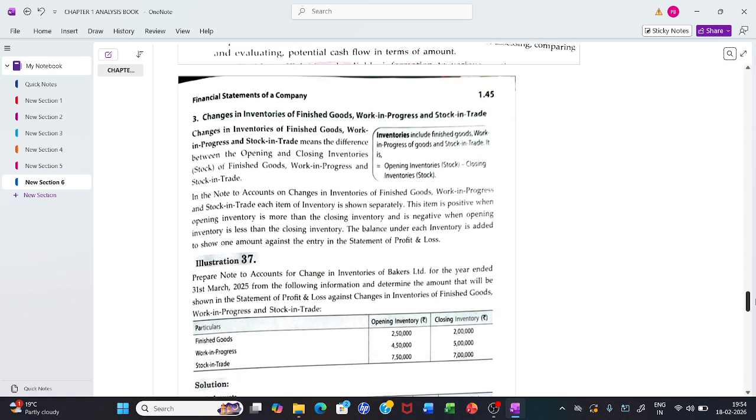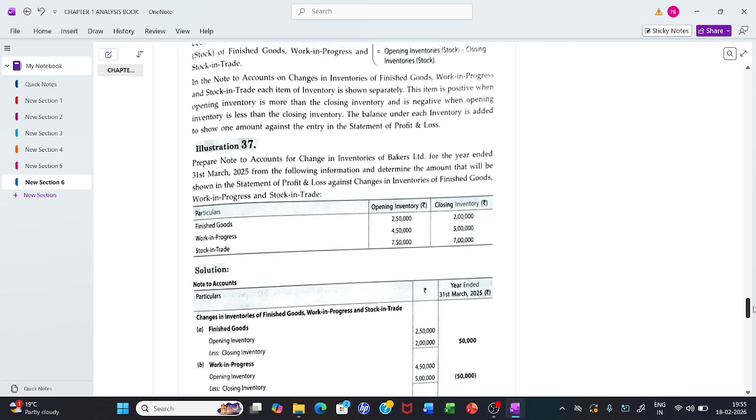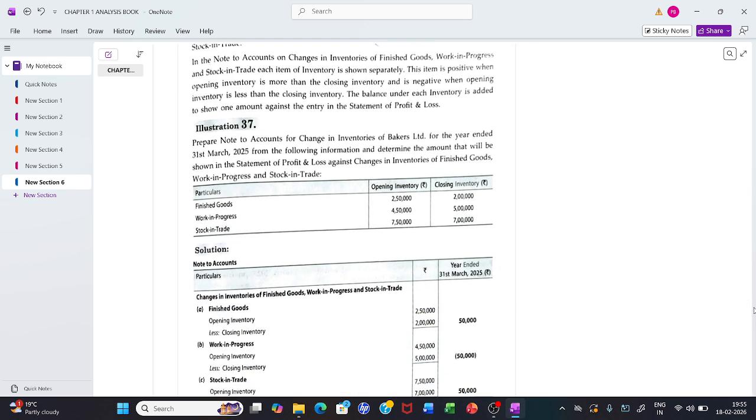Now, one special point which has been covered in this paper: change in inventory of finished goods, work in progress, stock in trade. The difference in these is we take opening minus closing, not closing minus opening. We do it for stock of finished goods, work in progress, and stock in trade. This example is given, and a similar question is there in your MCQ also.